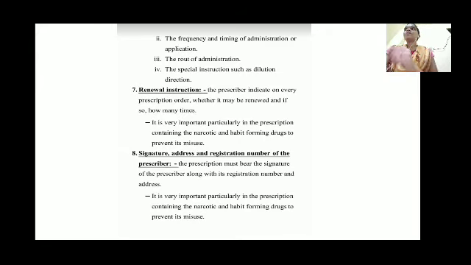You can see the batch number and registration numbers in the label itself. The prescription must bear the signature of the prescriber. For some narcotic drugs this is compulsory, and the registration number should be labeled on the strips of the narcotic drugs.